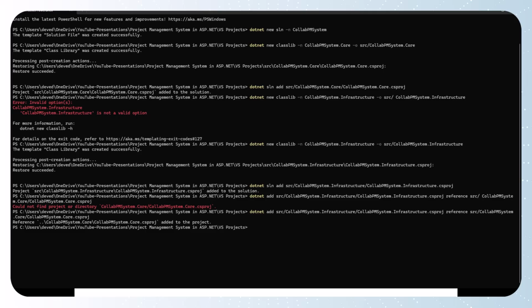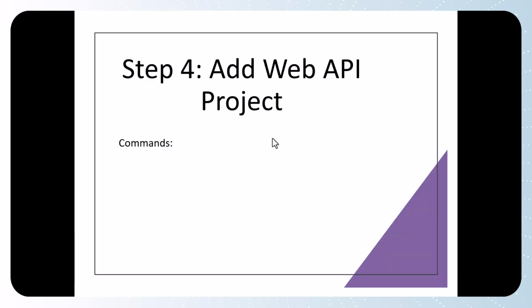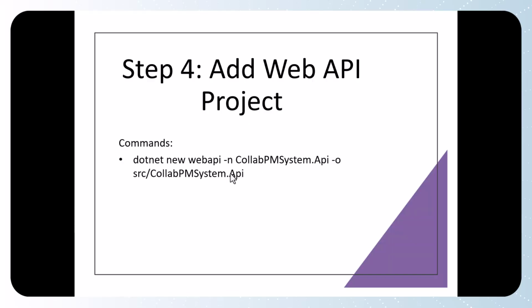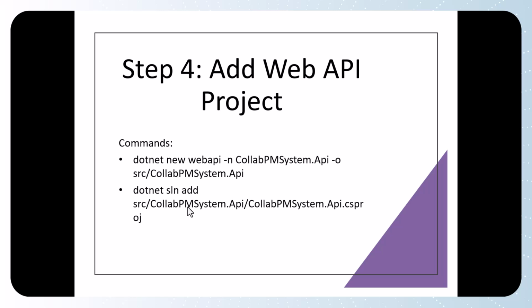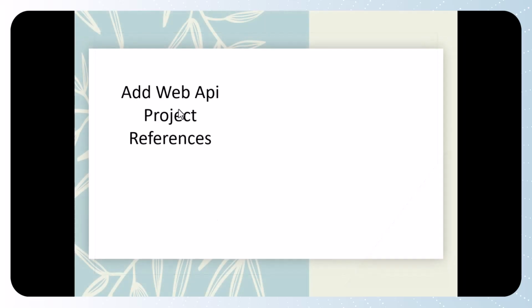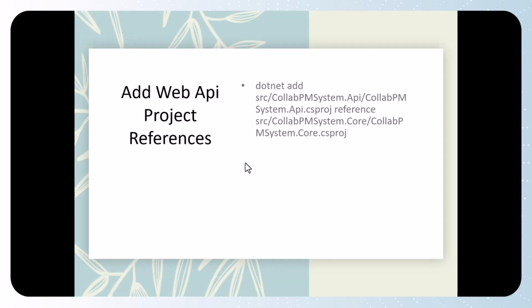Okay. Just quickly, step 4, add a web API project. Use this command, .web API and collab.tmsystem.api. This is the output directory here. And the solution, I am adding this project. And in the next slide, I will show add web API project references.